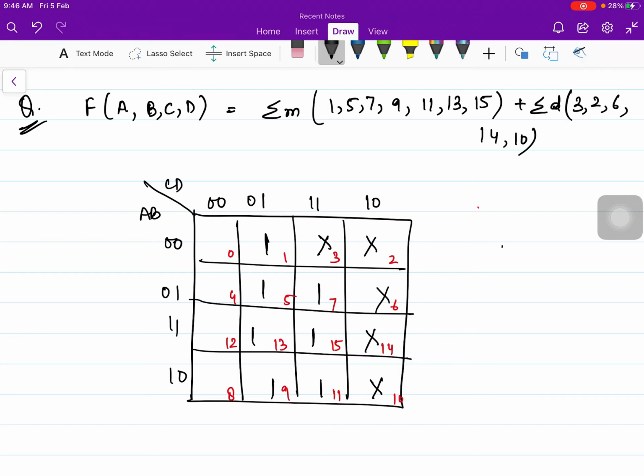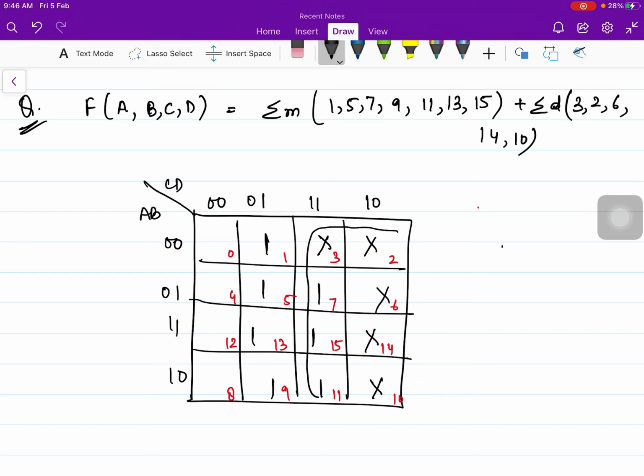Okay, so let's search for the biggest group. Is a group of 16 possible? No. Is a group of 8 possible? Yes. But make a group of 8 in such a manner that it includes mostly the ones, because our aim is to group the ones, not the don't cares.